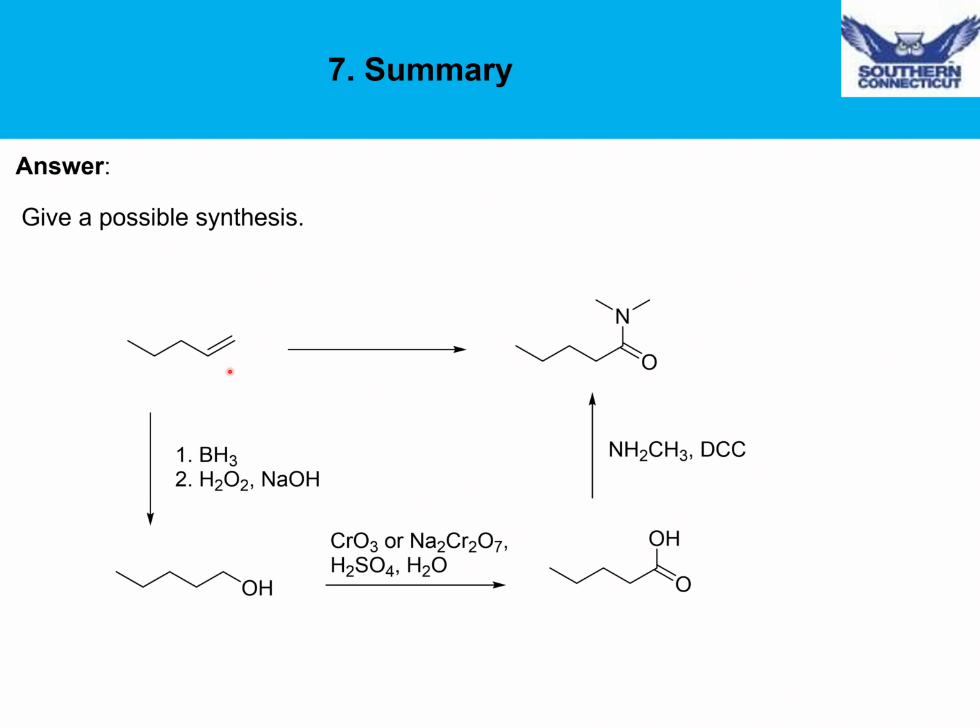So hydroboration of an alkene typically gives you anti-Markovnikov addition of an alcohol, and then that primary alcohol can be oxidized with chromic acid to give you a carboxylic acid. And then doing one of the reactions we learned in this chapter, we can convert a carboxylic acid into an amide by adding an amine and DCC.